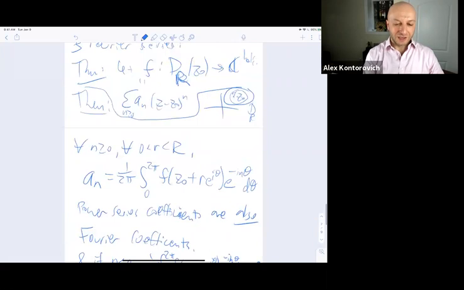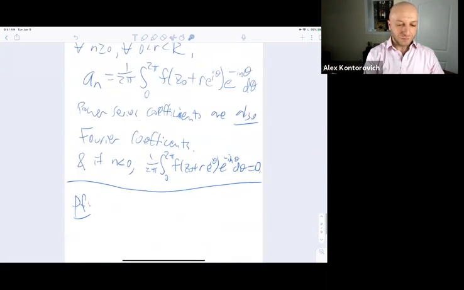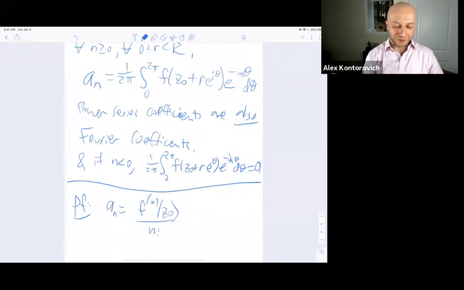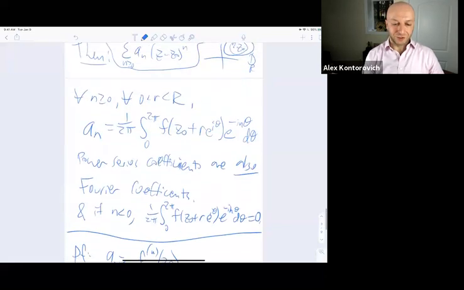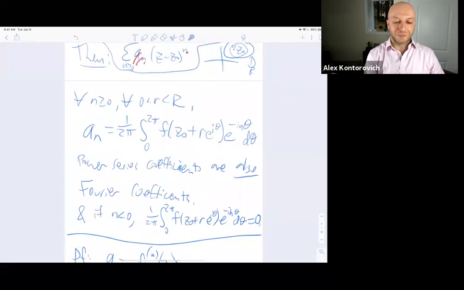Okay, so again, I'm assuming f has a power series expansion in the disk of radius r about z0. So what is an? The nth Fourier coefficient is just the nth derivative at z0 divided by n factorial. Right? You differentiate n times, n comes down to n minus 1, n minus 2, and so on.